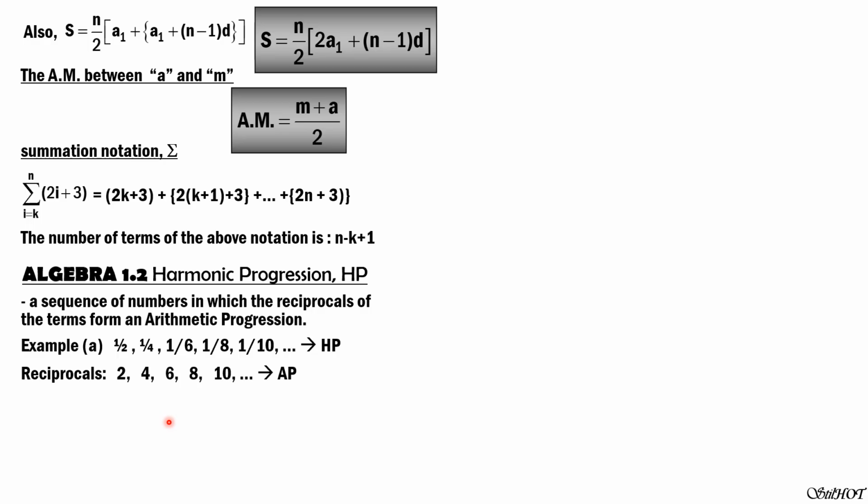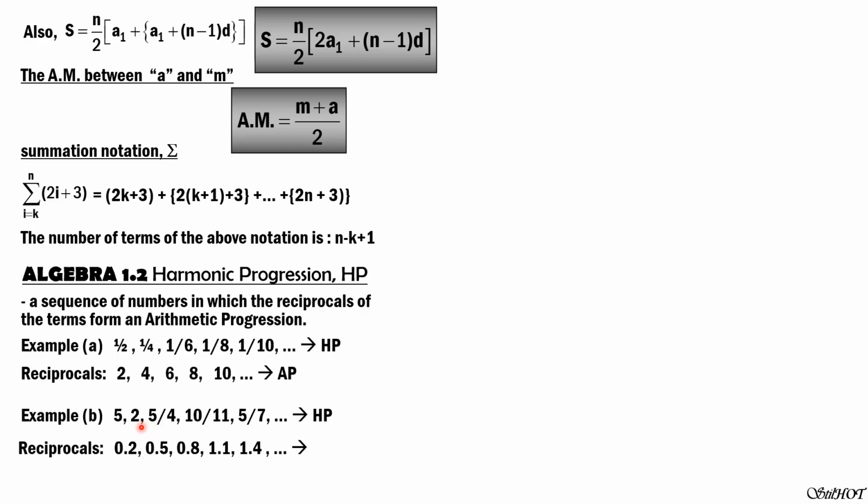For the second example, which is challenging to detect, we have 5, 2, 5/4, 10 over 11, 5 over 7. These are in harmonic progression, but we cannot readily detect this unless we obtain the reciprocals, which are 1/5 or 0.2, 1/2 or 0.5, 4/5 or 0.8, 11 over 10 or 1.1, 7 over 5 or 1.4.